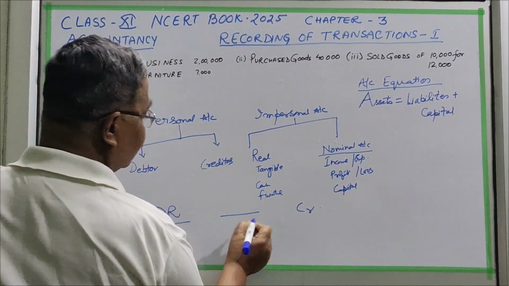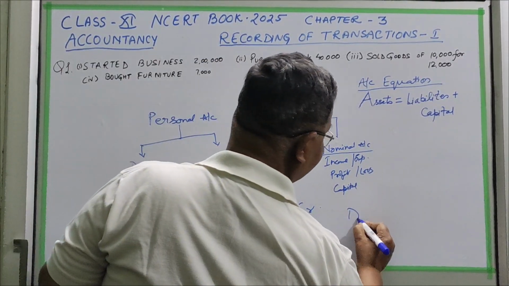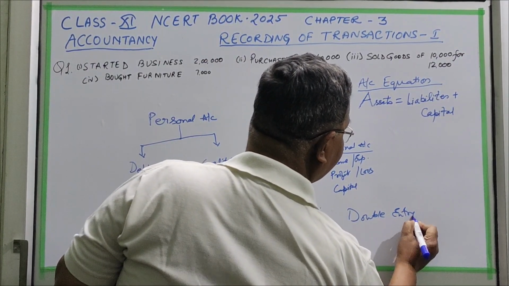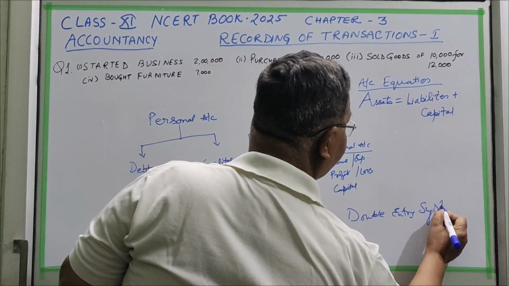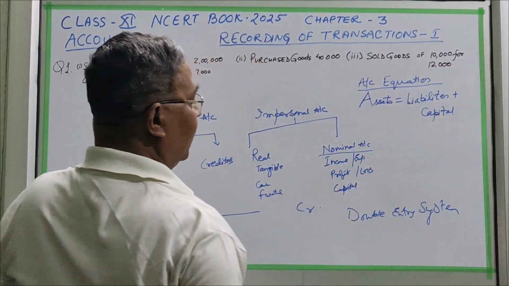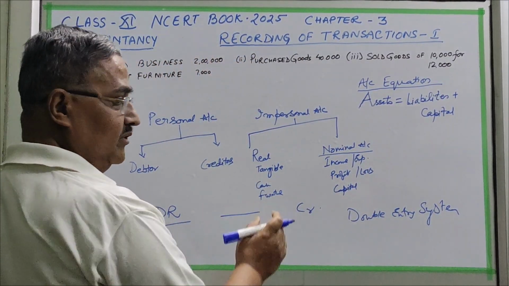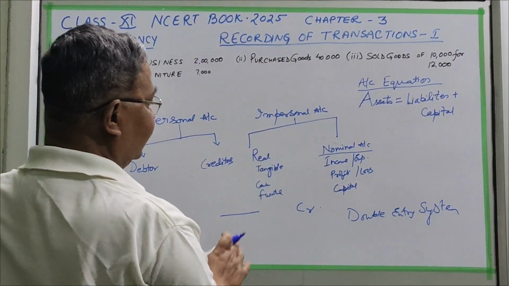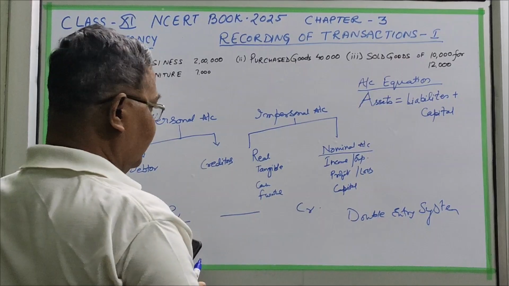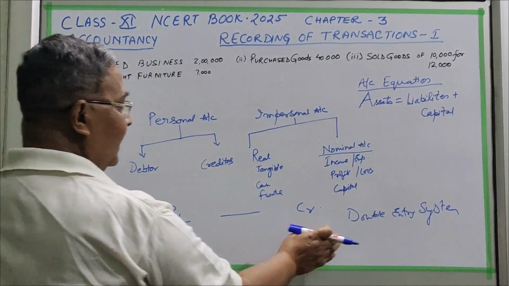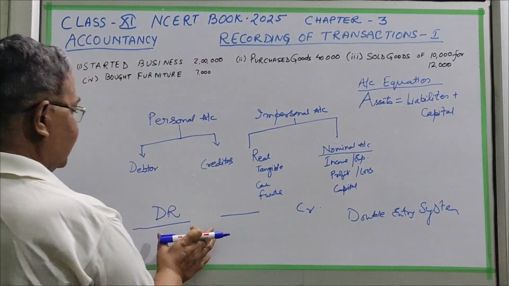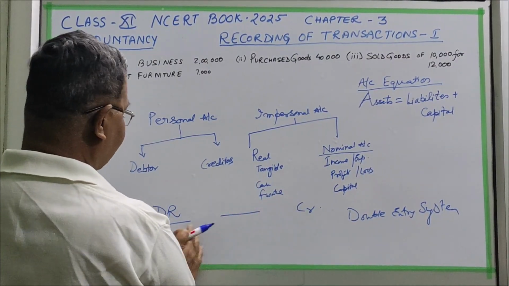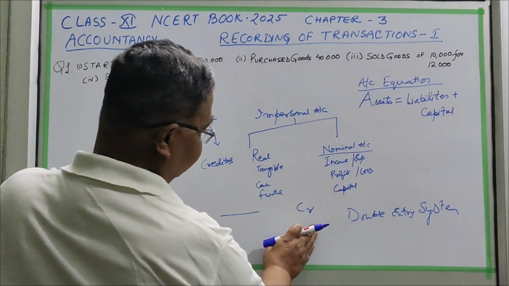That is known as our double entry system. So before talking about the accounting equation, this concept we have to understand. Whatever transaction is taking place, we place in double entry system. Double entry system means every transaction we will classify into 2 parts, one is debit part, one is credit part.